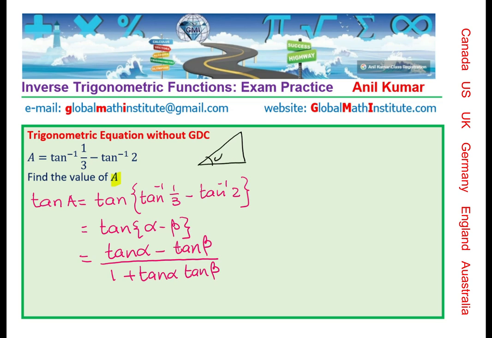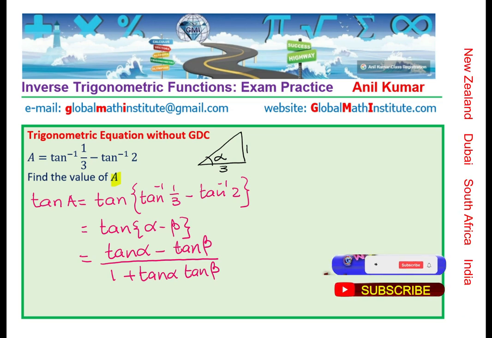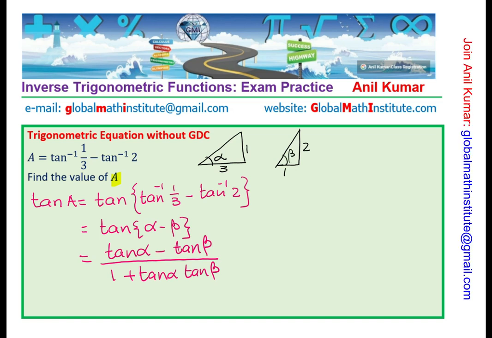We have the angle alpha, which is 1 over 3. Makes sense. And for tan inverse of 2, the angle beta will be like the opposite side will be 2, adjacent 1, right? And we have our angle beta. So that is how we can actually sketch the diagram.